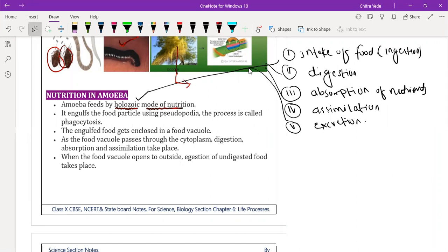Okay, sir. So amoeba feeds by the holozoic mode of nutrition. It engulfs the food particle using the pseudopodia.